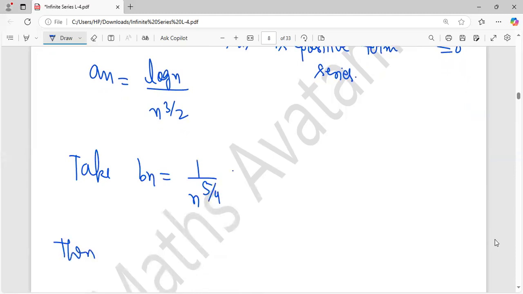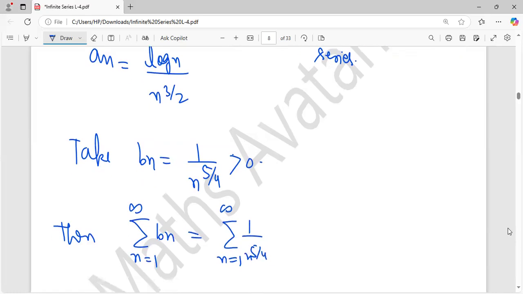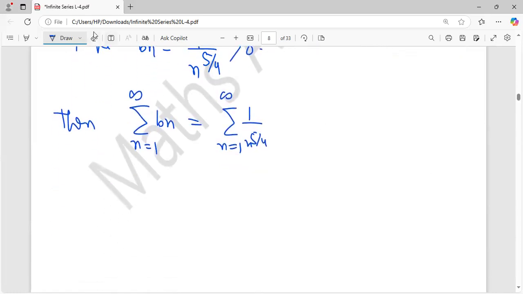Then this series, summation n goes to 1 to infinity of bn, is summation of 1 upon n to the power 5 by 4, a positive term series.